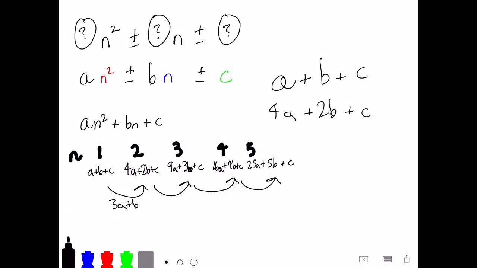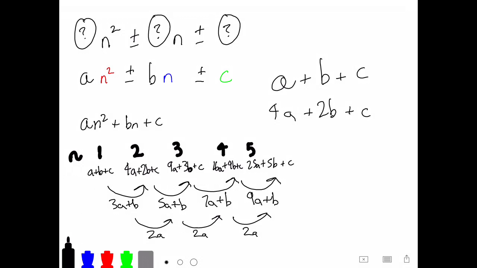Then we get 5a plus b, then we get 7a plus b, and you can kind of see the pattern now. But yeah, so 9a plus b, and then the second difference is always 2a, 2a, 2a.